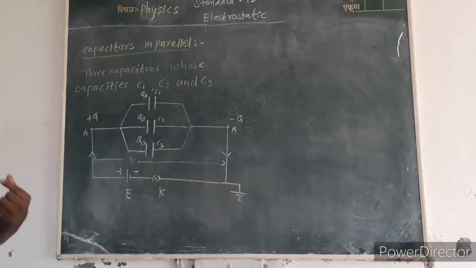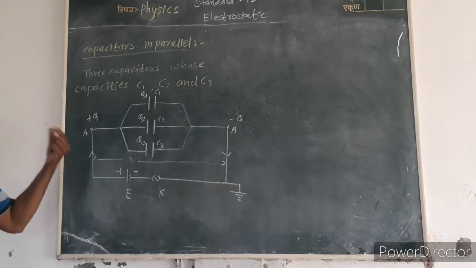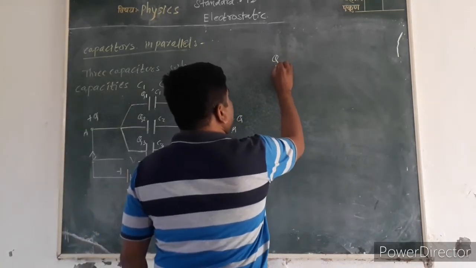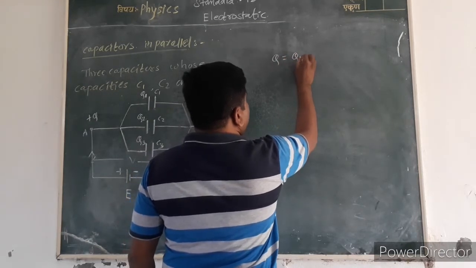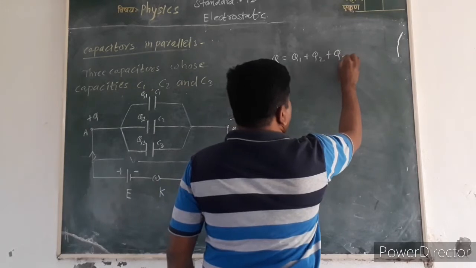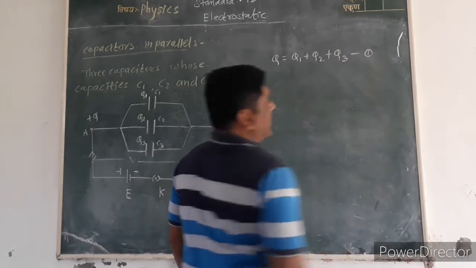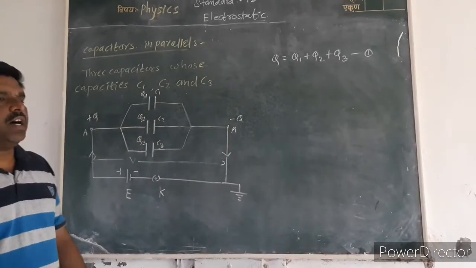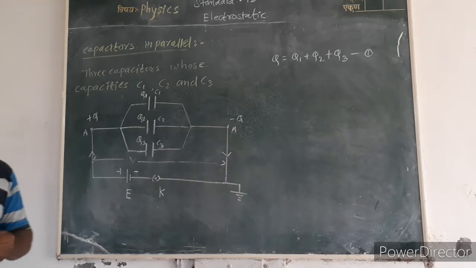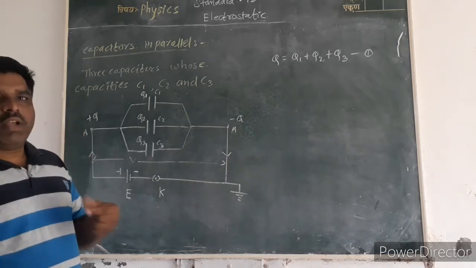Therefore the total charge stored in this circuit is given by equation 1: Q is equal to Q1 plus Q2 plus Q3.